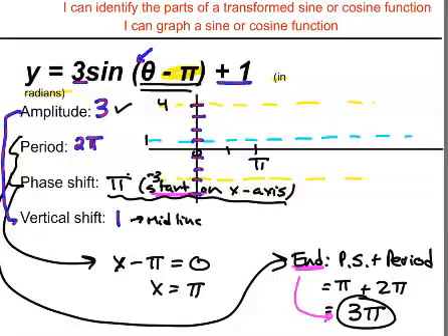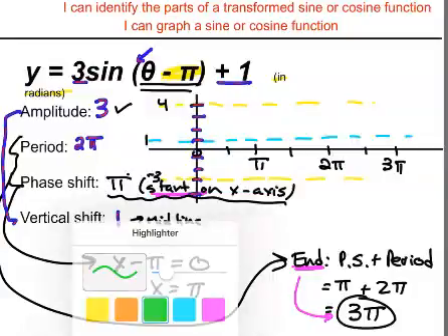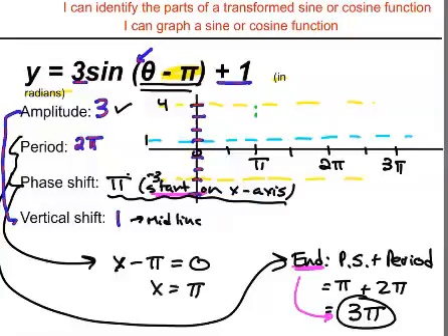I'm going to end at 3 pi. So this is pi, 2 pi, 3 pi. And again, if I want to do some little borders around that, I'm going to start at pi and end at 3 pi.